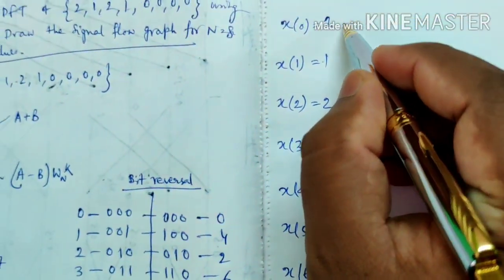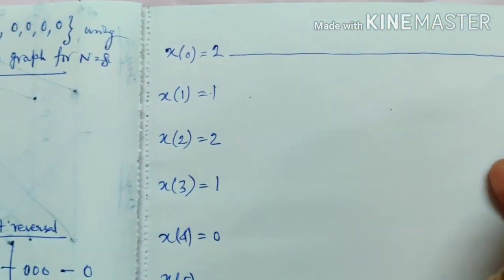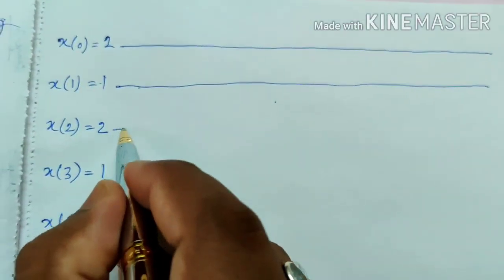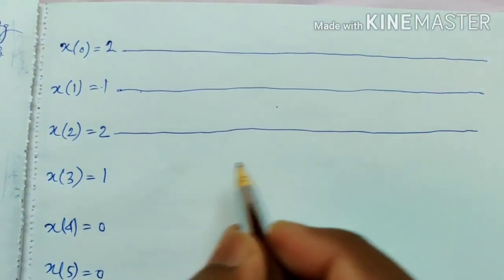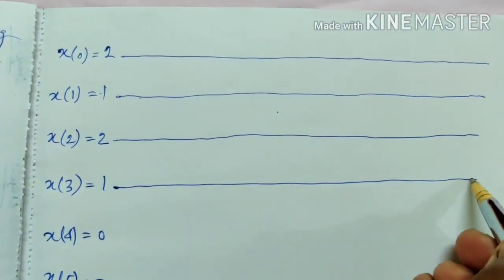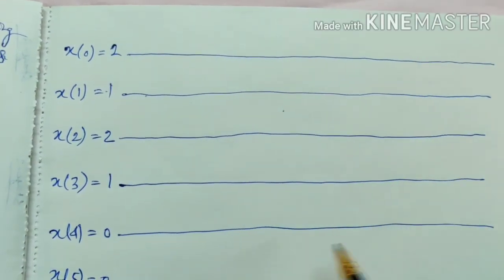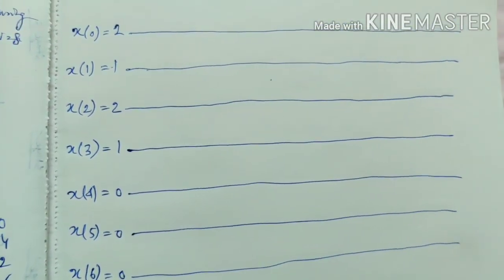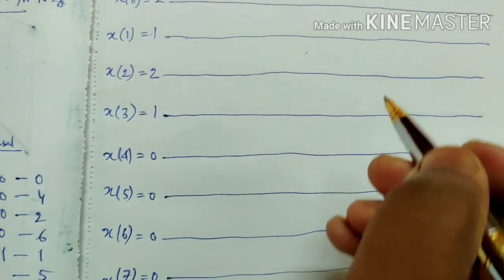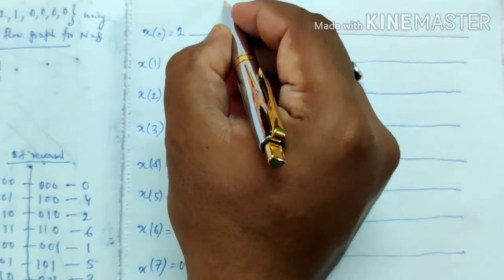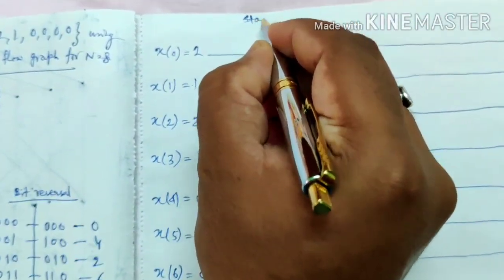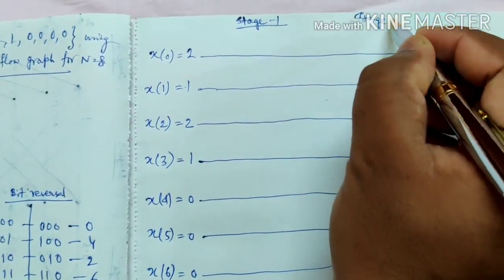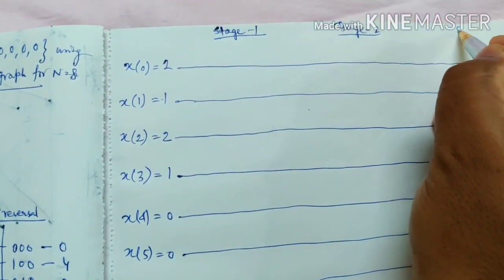So this will be the 8-point DFT flow graph, with 3 stages: stage 1, stage 2 and stage 3.